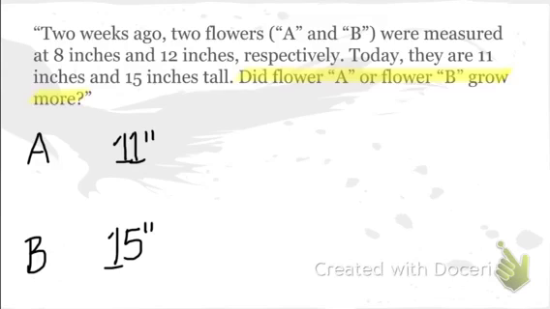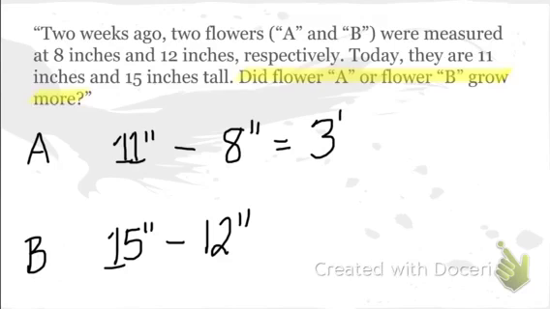Okay. All right. 2 weeks ago, A was 8 inches tall, and B was 12 inches tall. So if I go ahead and subtract away here just to see the growth, what we have now is that A grew 3 inches and B grew 3 inches.